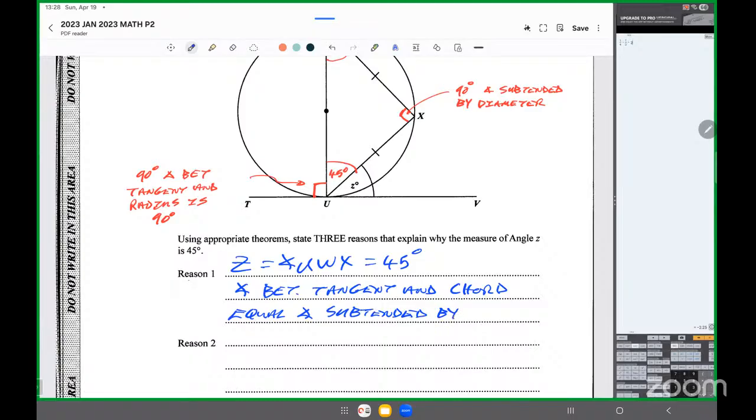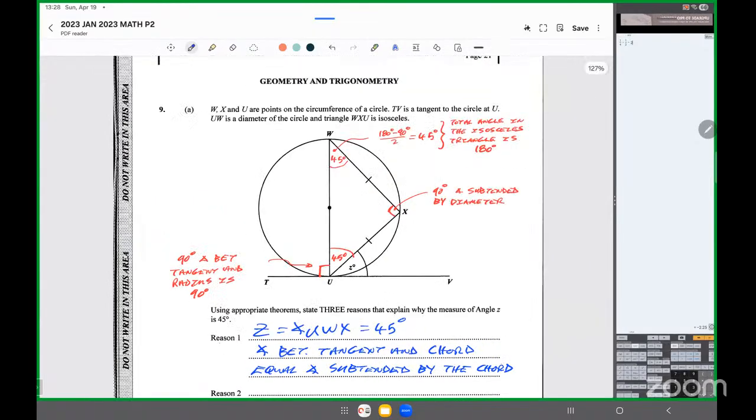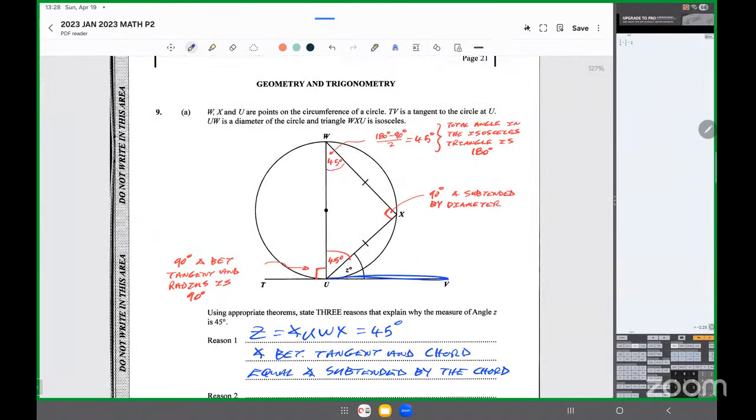So basically, the angle between this tangent and this chord is equal to the angle subtended by this chord here, which is the base angle of 45 degrees. That's why this angle is 45 degrees as well. That's the first reason I'm giving.